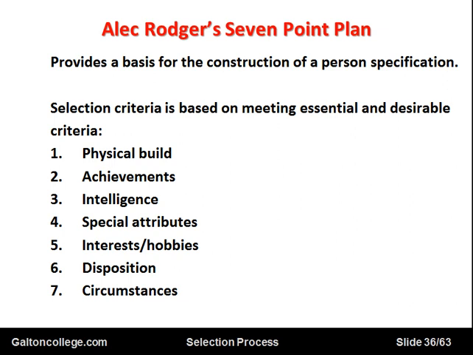For example, if the person lived far from the work, it may take time to get there, and it may mean that the person will not last long in the job. They may wish to find employment nearer to home. So these are the Alec Rogers seven-point plan, and they need to be customized. They need to be developed in the context of the particular job that's advertised.